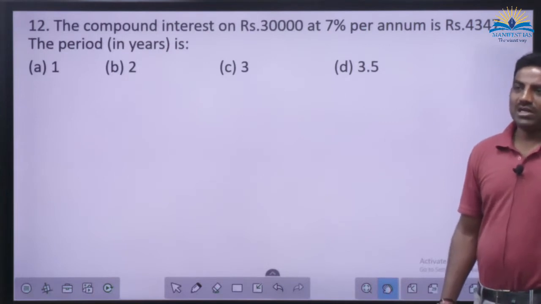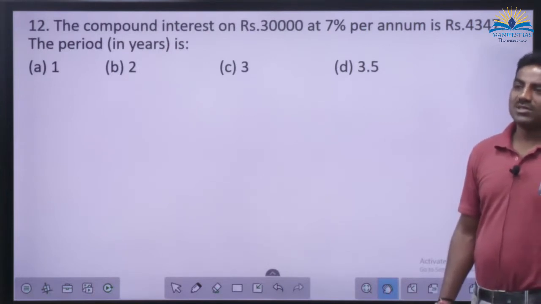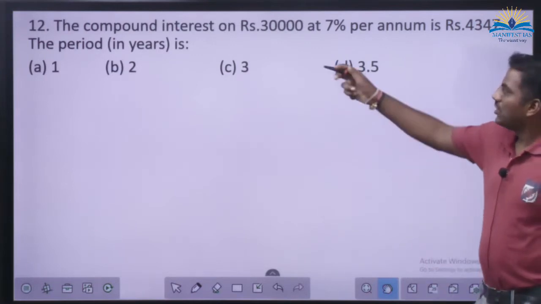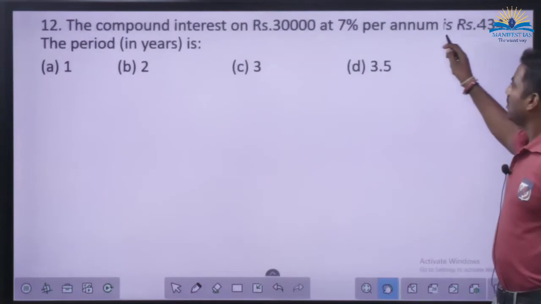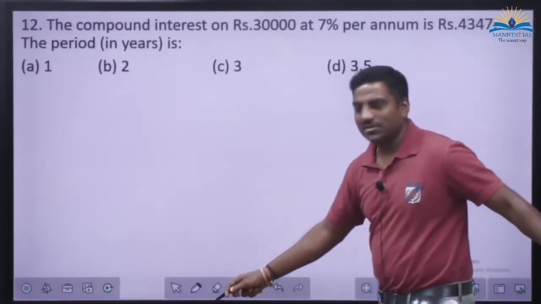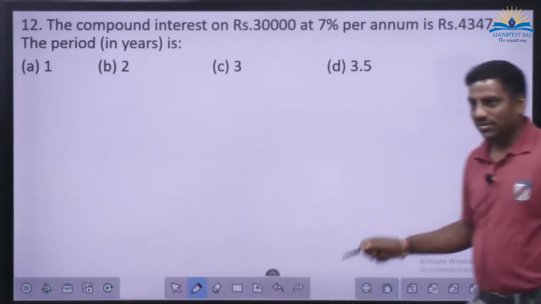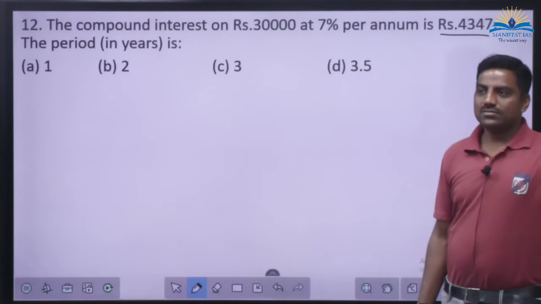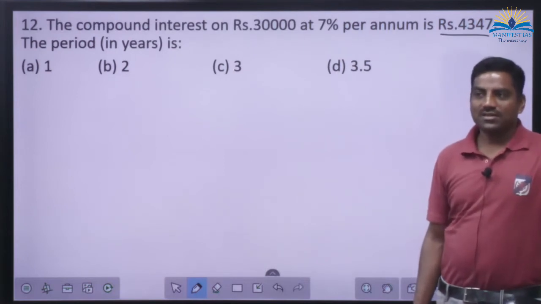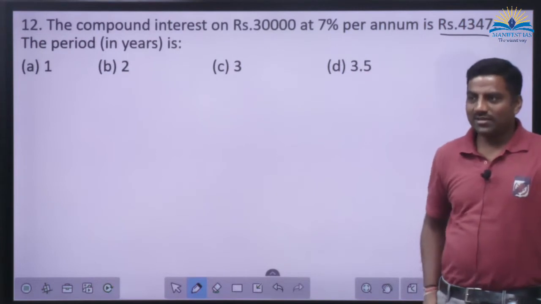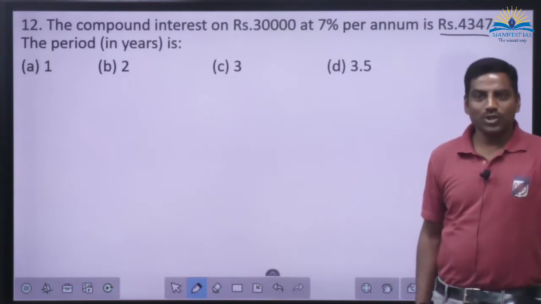If everything was normal, no compound interest, in the second year how much would you have earned? 4,200. This is just above that one. So that is the difference of compound interest and simple interest, no? So can we just imagine the situation and tick? Will it be 3 years? No, right? It has to be 2 years only.